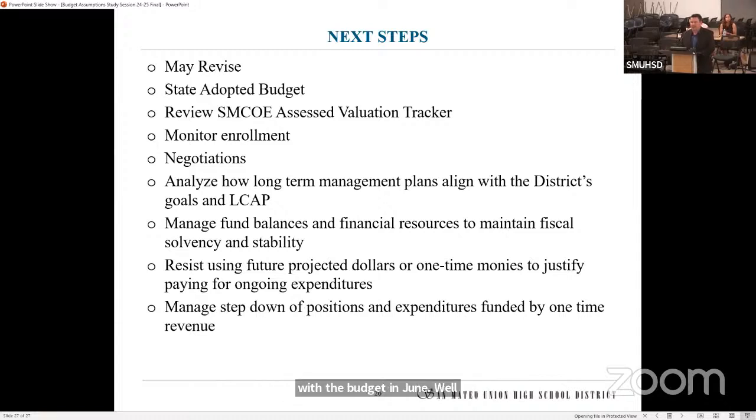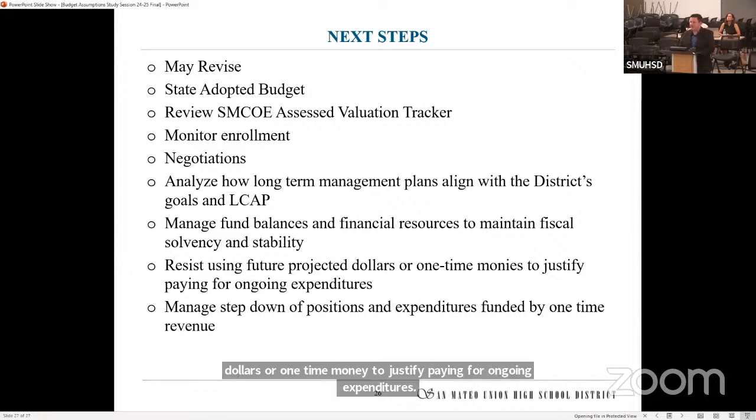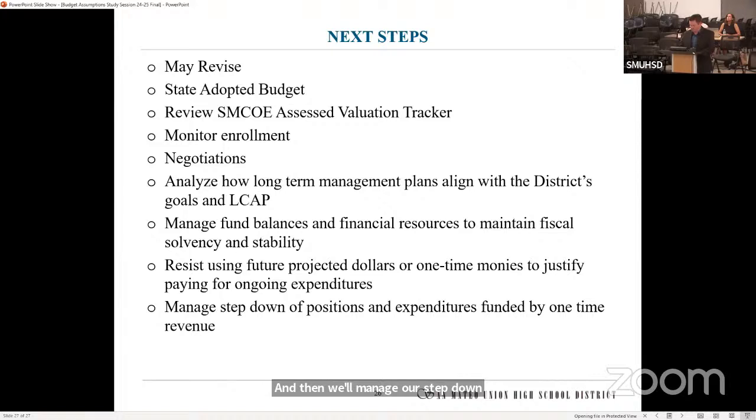We'll manage our fund balance as the board has always done in our financial resources to maintain fiscal solvency and stability. We will resist using future projected dollars or one-time monies to justify paying for ongoing expenditures. And then we'll manage our step down of positions and expenditures funded by one-time revenue. So with that, I'm happy to open it up to questions.